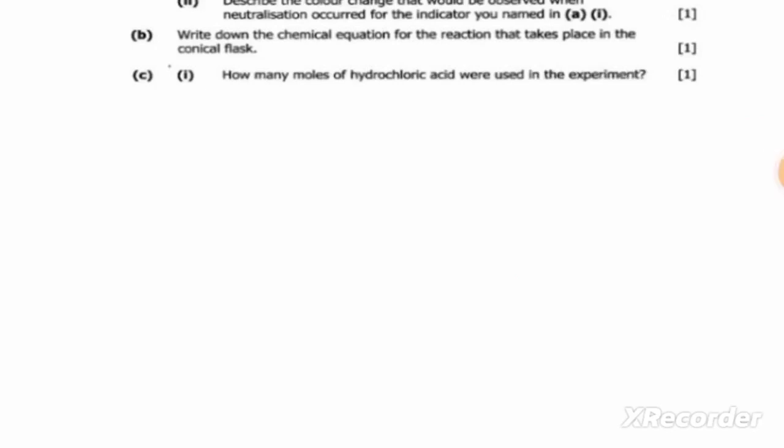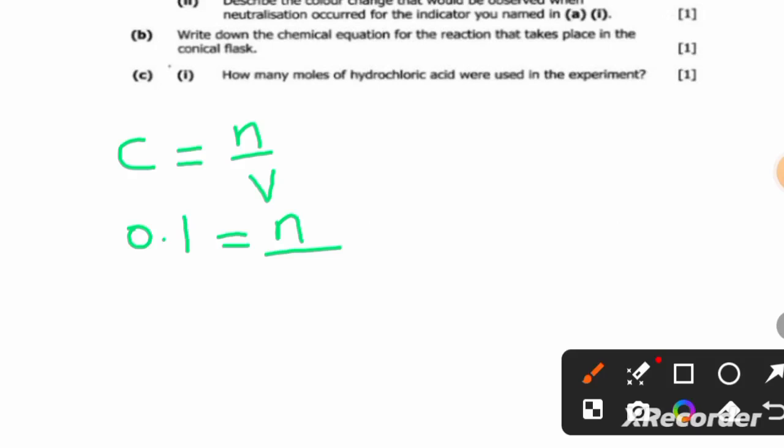To find the number of moles, we are going to say concentration is equal to number of moles over volume. So concentration we know is 0.1, equal to the number of moles over 0.002.